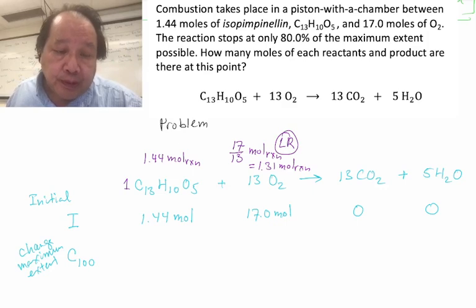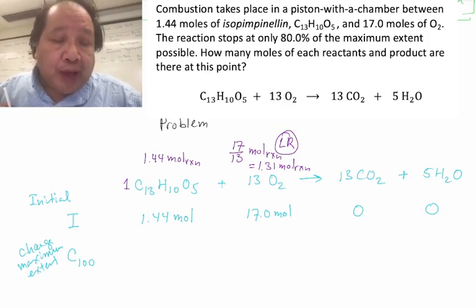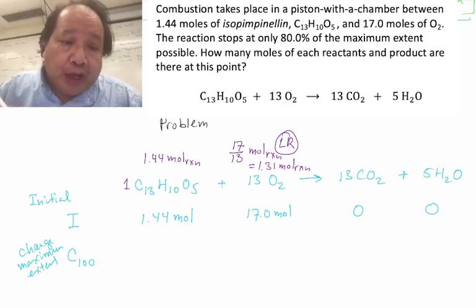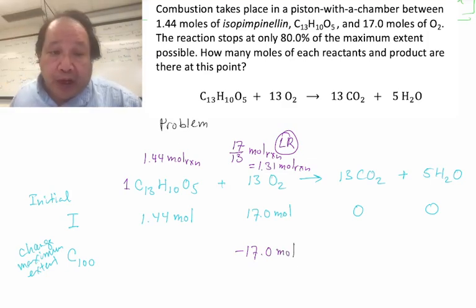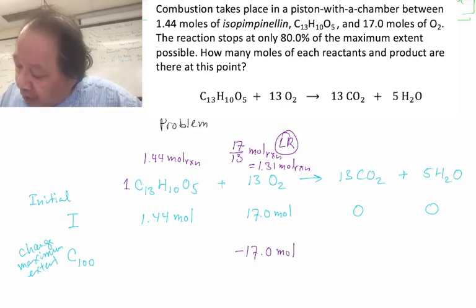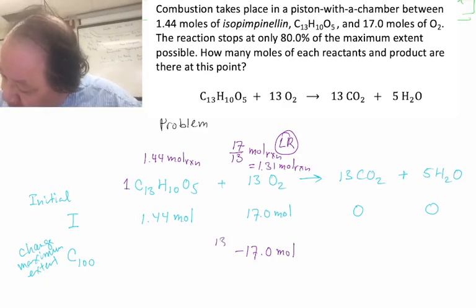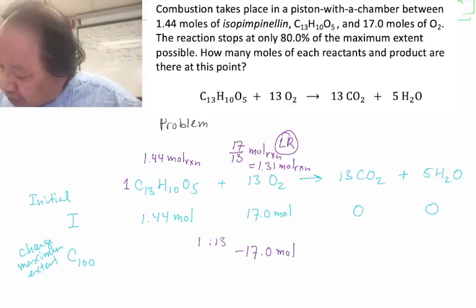Okay, when we run this to the maximum extent possible, then we will use up all our O2. That's minus 17 moles of O2 used up, but we will not have used up all of the C13H10O5. Instead, for every 13 moles of O2, we will only use up 1 mole of C13H10O5, and if you do the math, the amount of C13H10O5 used is minus 1.31 moles.